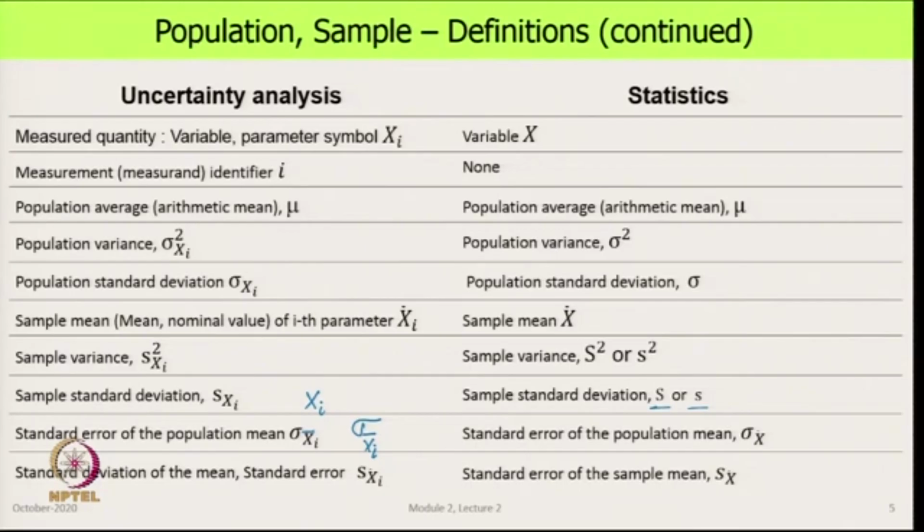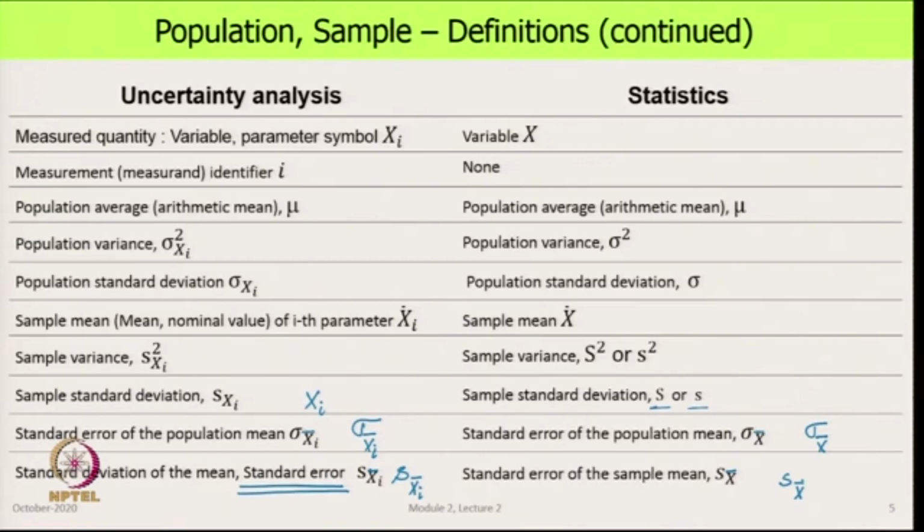In literature we will just find sigma x bar. And finally, the standard deviation of the mean, which is called the standard error, is of considerable importance to us. It has the symbol s xi bar, whereas in statistics textbooks you will find s, small s or capital S, just x bar.